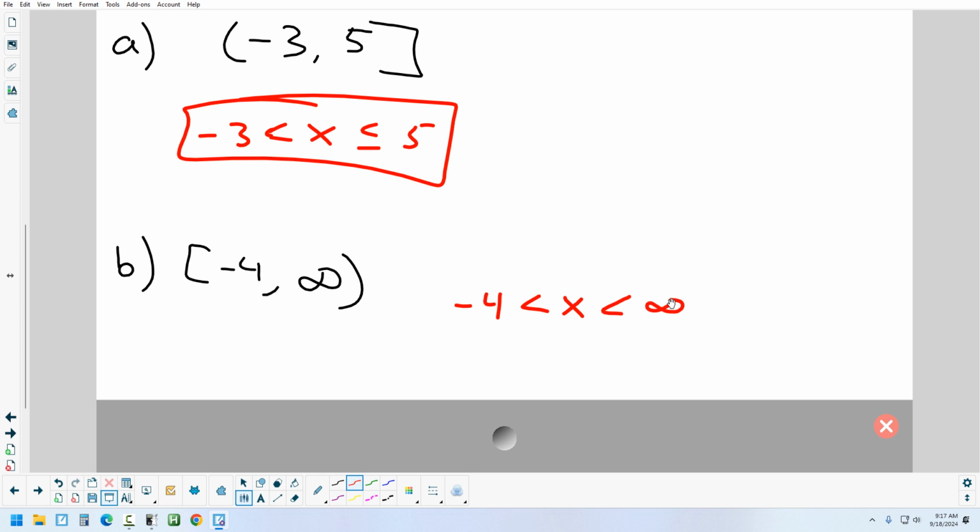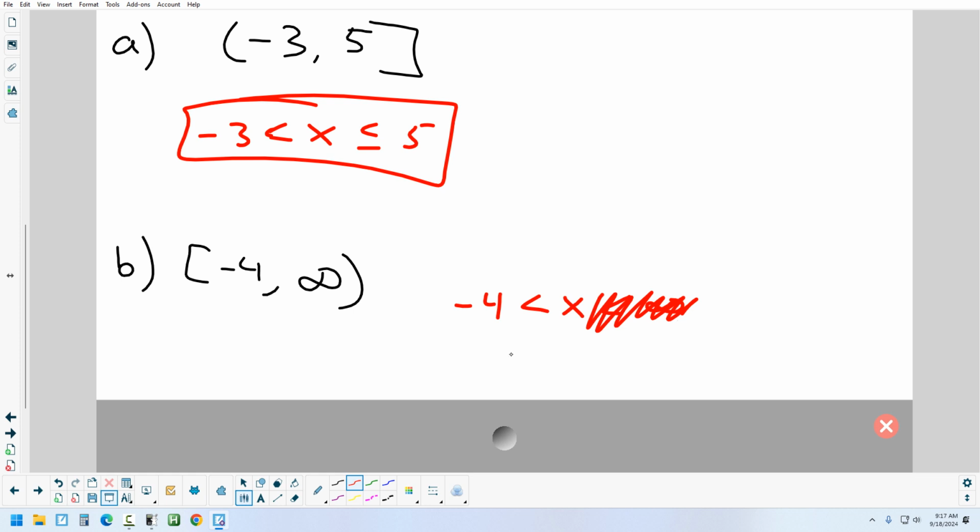So you said x is less than infinity. Give me something that's not less than infinity. Can you think of something? Wait, how do you do something greater than infinity? You can't. So we don't need to say that it's less than infinity. Everything's less than infinity. So we don't have to say that part.